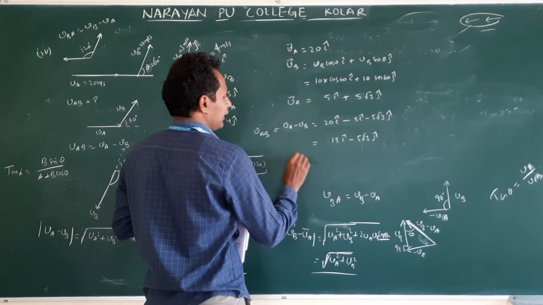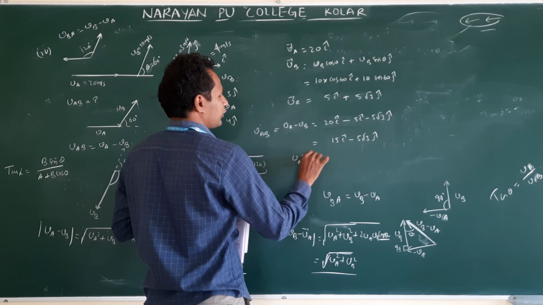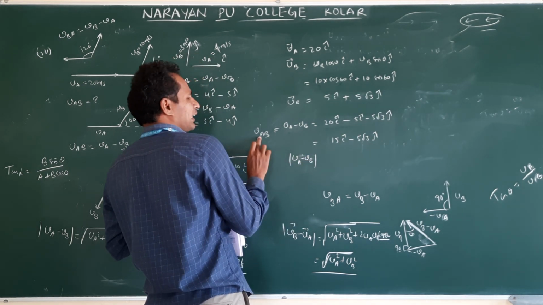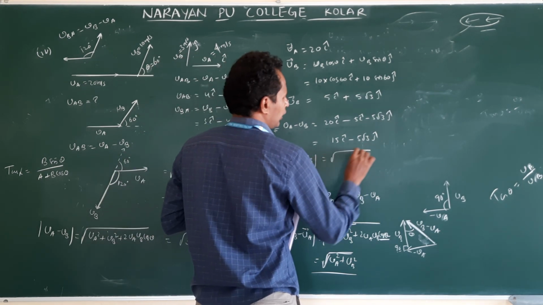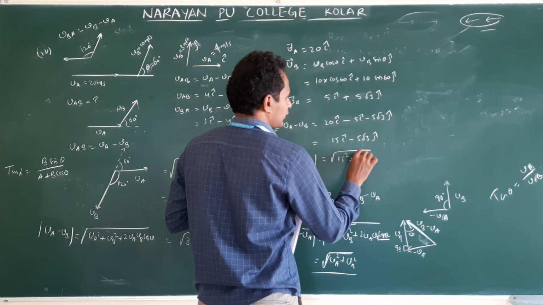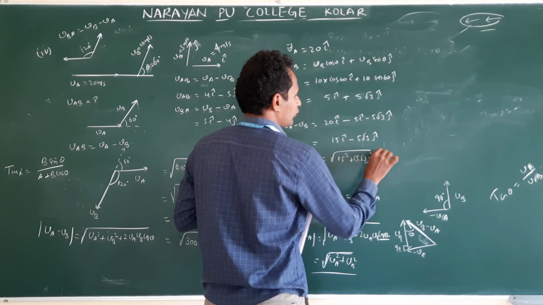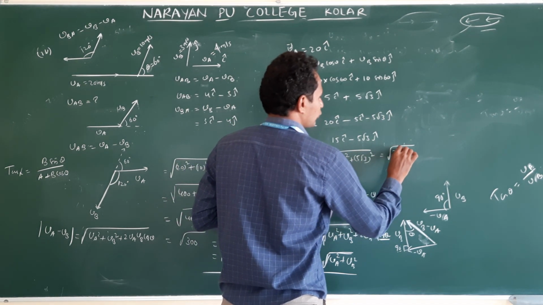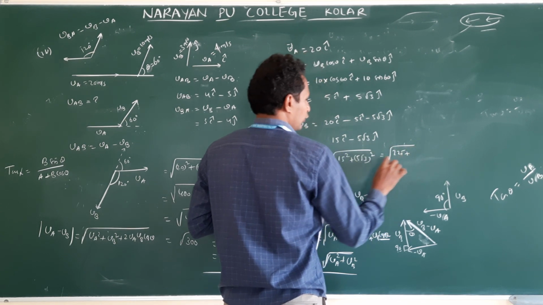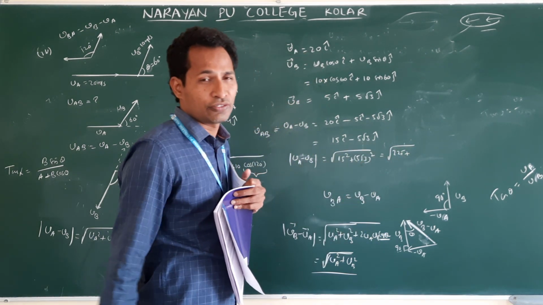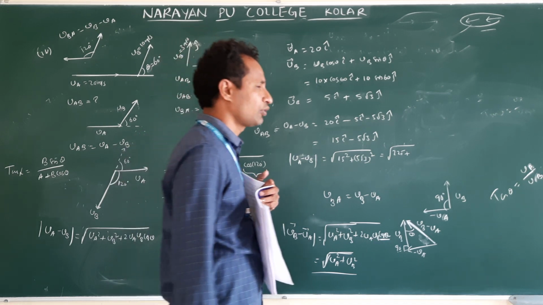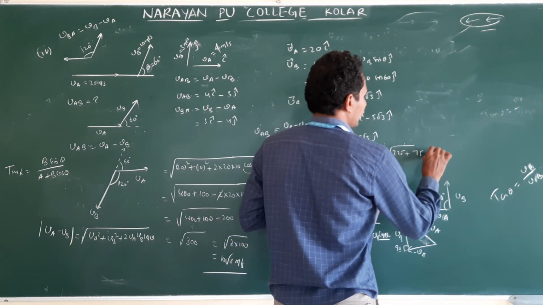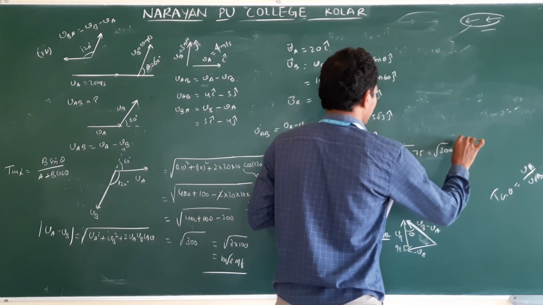VA minus VB magnitude, or simply you can write VAB also, no problem. Under root of 15 square plus 5 root 3 whole square. Then 15 square is 225 plus 25 into 3, 75. You will get 300.